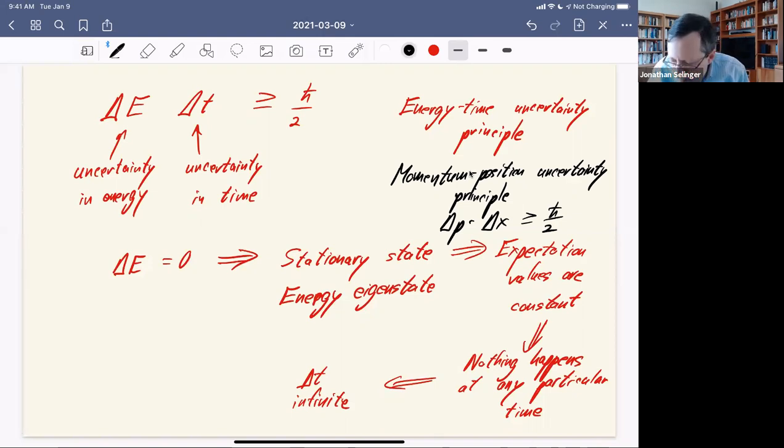Which is what you might expect from special relativity, right? You guys have studied special relativity, I guess, in your modern physics class.